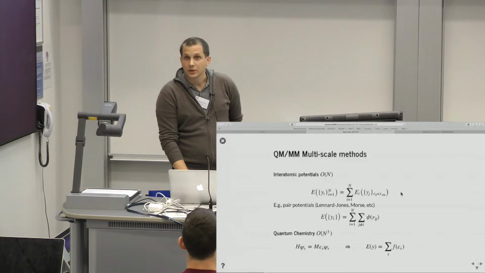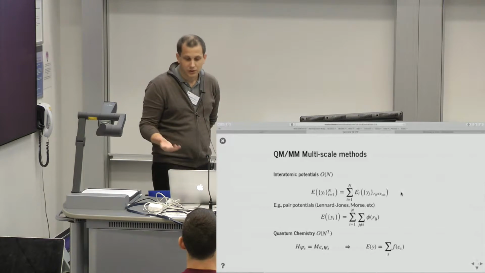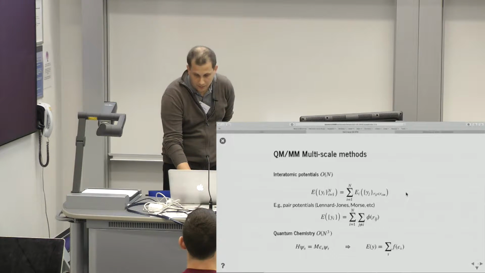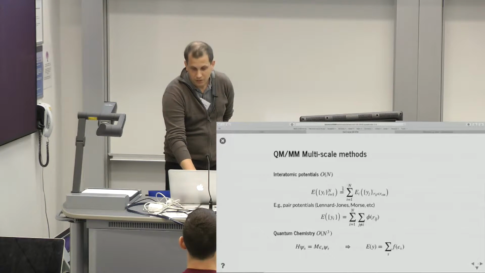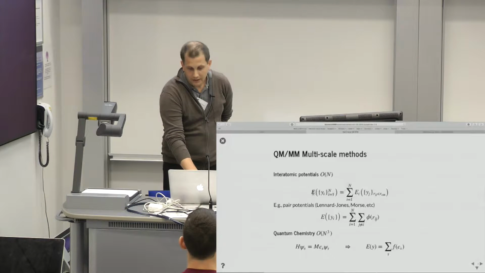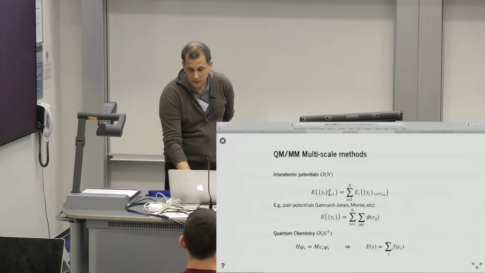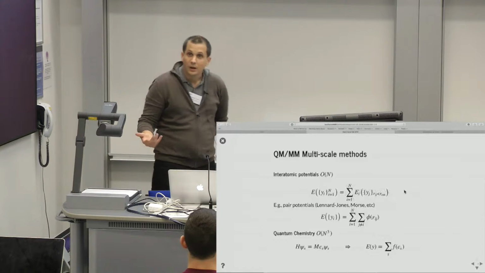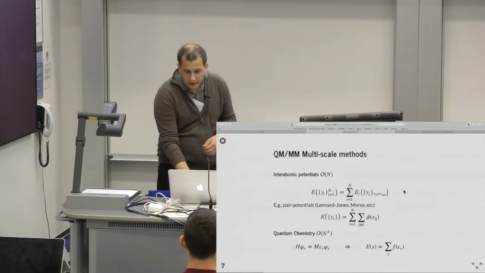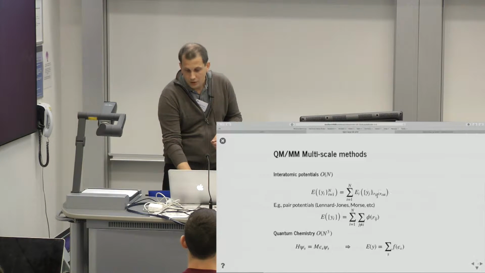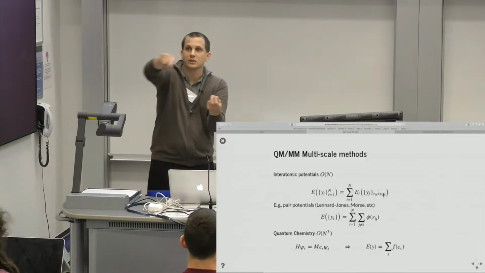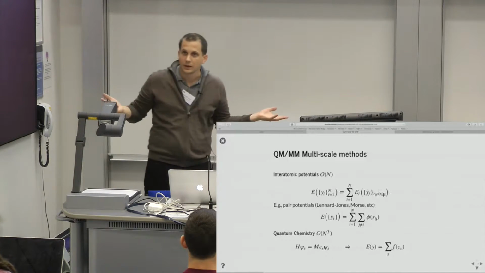So when you have interatomic potentials, classical potentials, they look like this line here. So you have some positions, y_i, and then you write the total energy as a sum over the sites, which are the atom positions. And to each site you assign an energy, E_i, a site energy, which depends on a small neighborhood, namely all the positions that are at some distance from the one you're sitting in.